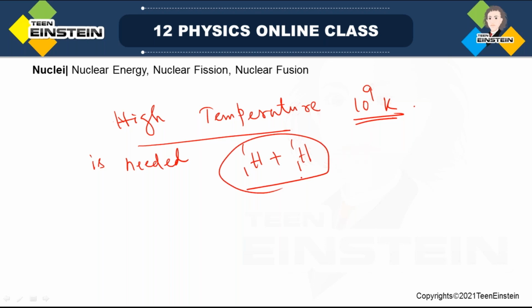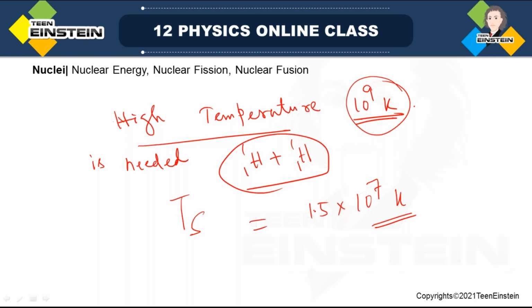And the sun has 1.5 into 10 to the power 7 Kelvin temperature. So both high pressure and high temperature are needed for fusion reaction to happen. Otherwise, the repulsion between them cannot be overcome.